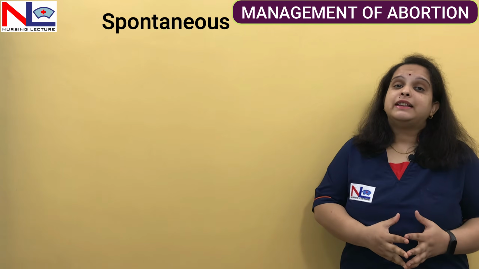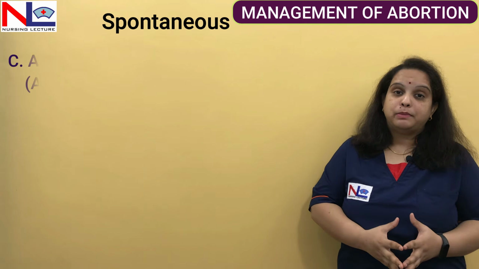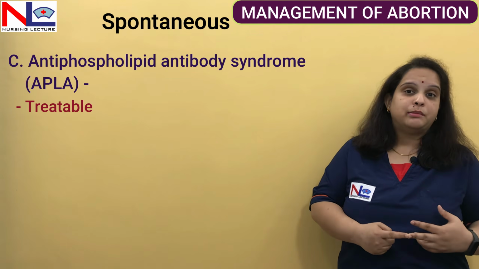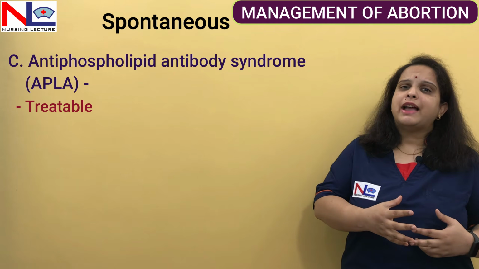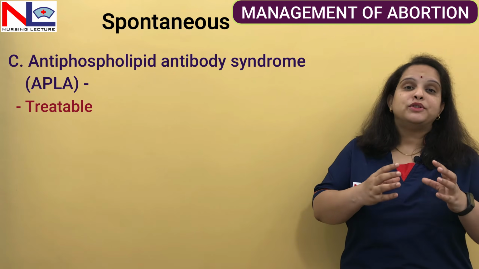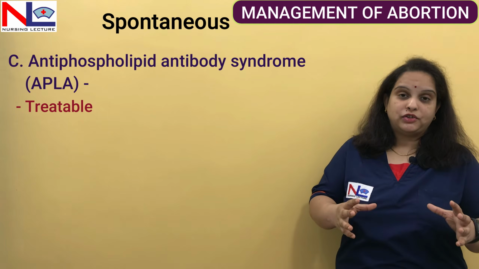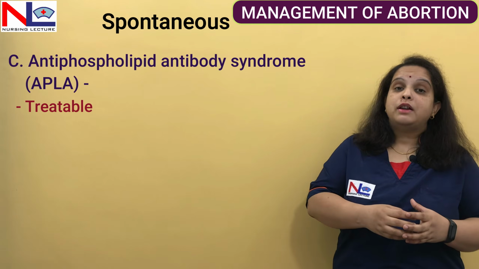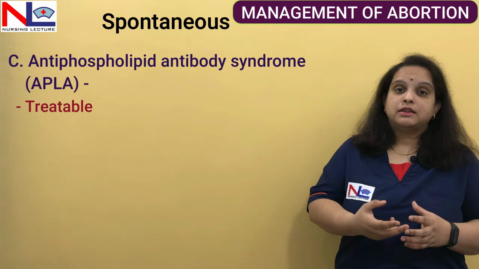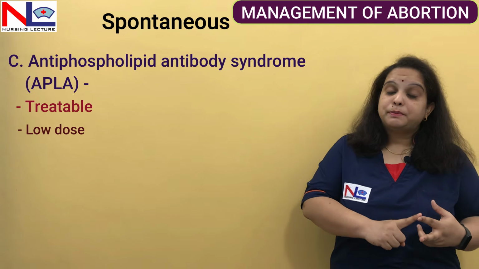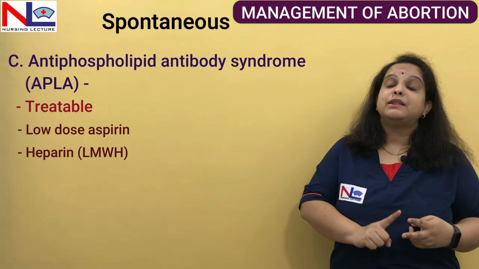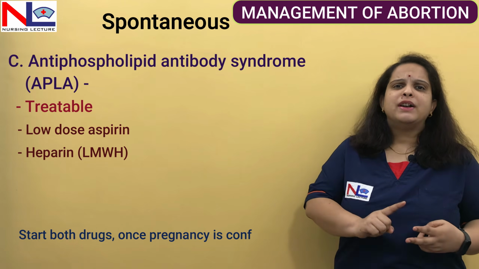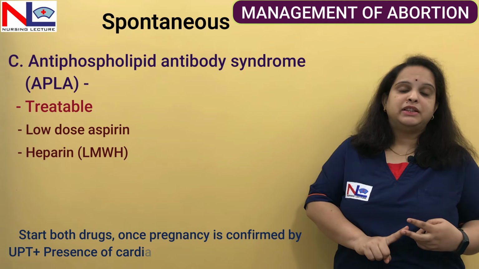Now if the reason behind the abortion is APLA, antiphospholipid antibody syndrome, then it is treatable. What we have discussed in APLA is that there is formation of thrombus in the blood vasculature. This thrombus can be relieved by a combination of two drugs. Here we can use aspirin and heparin once the pregnancy is confirmed by UPT, urine pregnancy test, or once cardiac activity has started in the fetus.